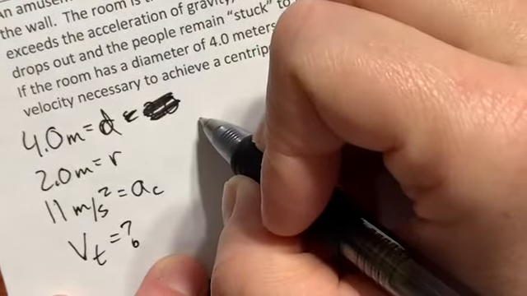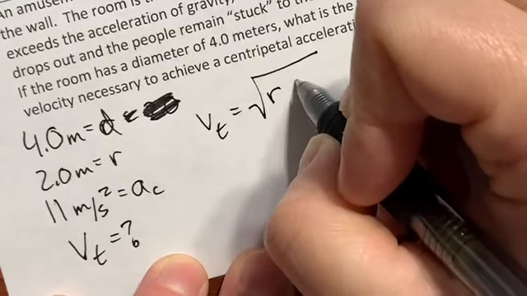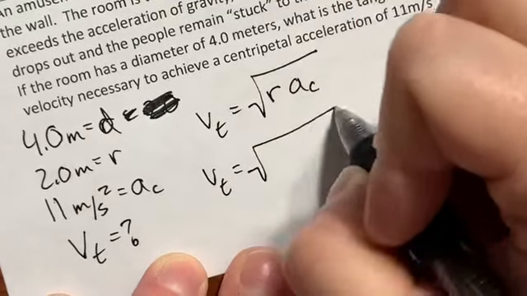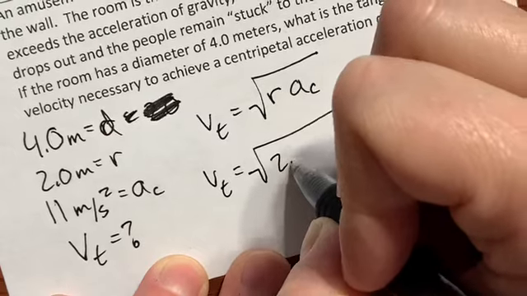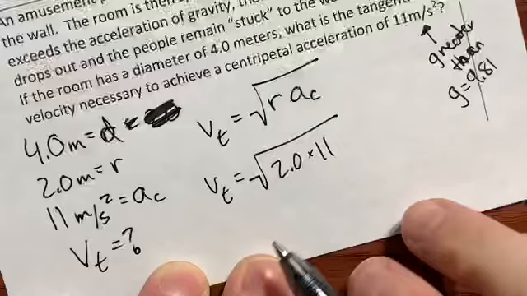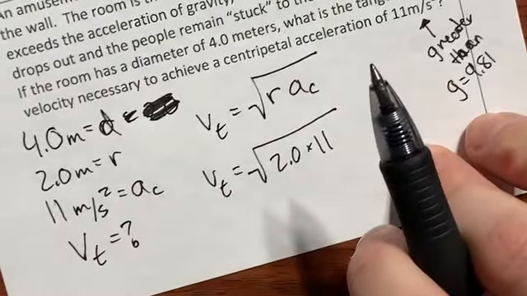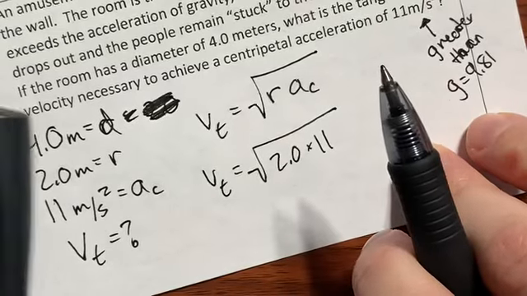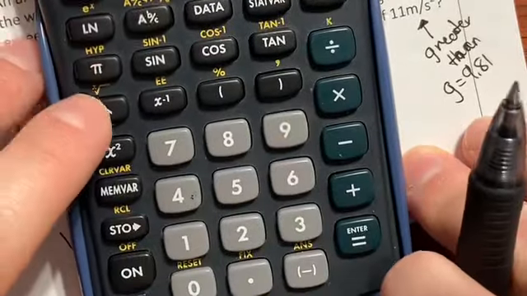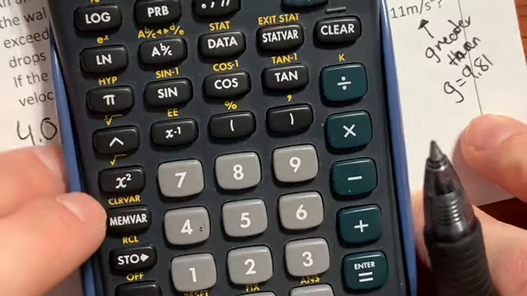So, tangential velocity is equal to the square root of the radius multiplied by the centripetal acceleration. Radius 2.0 multiplied by the centripetal acceleration, 11. So 2 times 11, 22. We need the square root of 22. If you can't remember where you find it on your calculator, square root, okay? You see it right here above the square button next to 7.